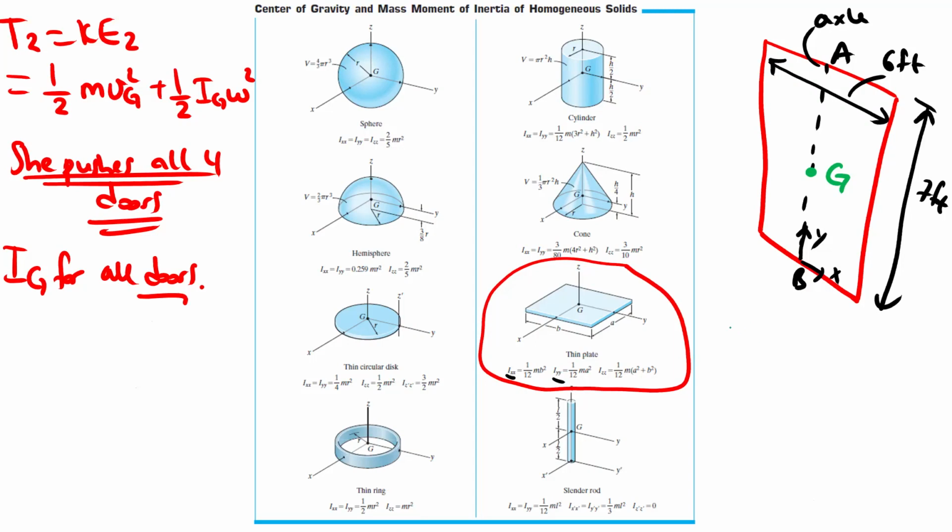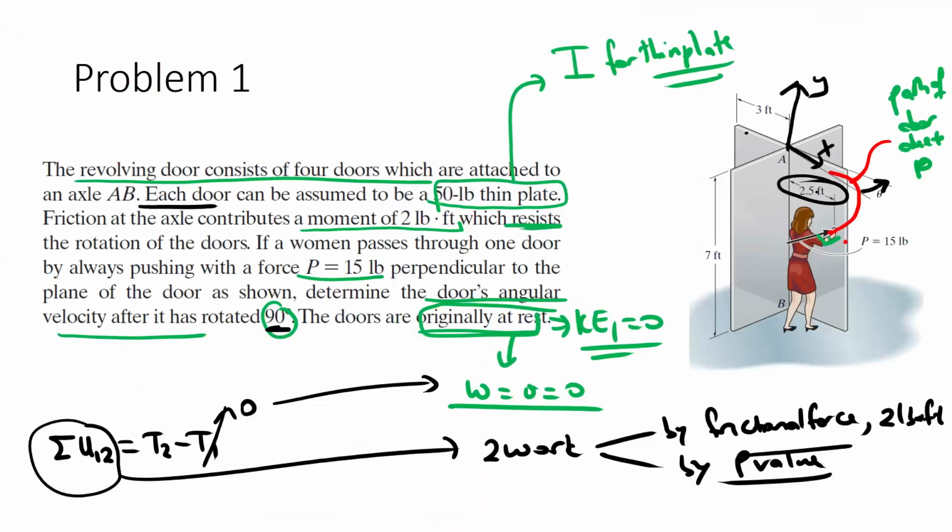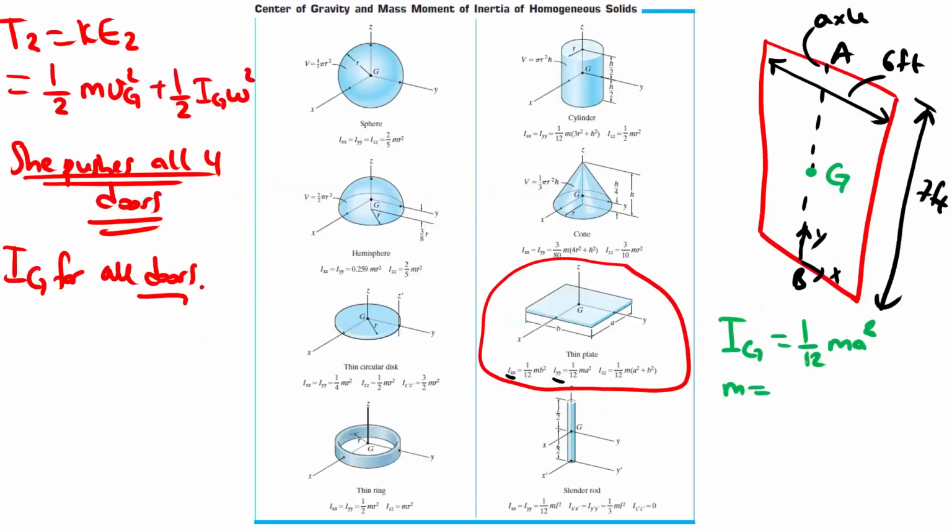Then Ig will be 1/12 m a squared. The m value: one of them is 50 lb, so 2 will be 100 lb by 32.2. That's for this part.